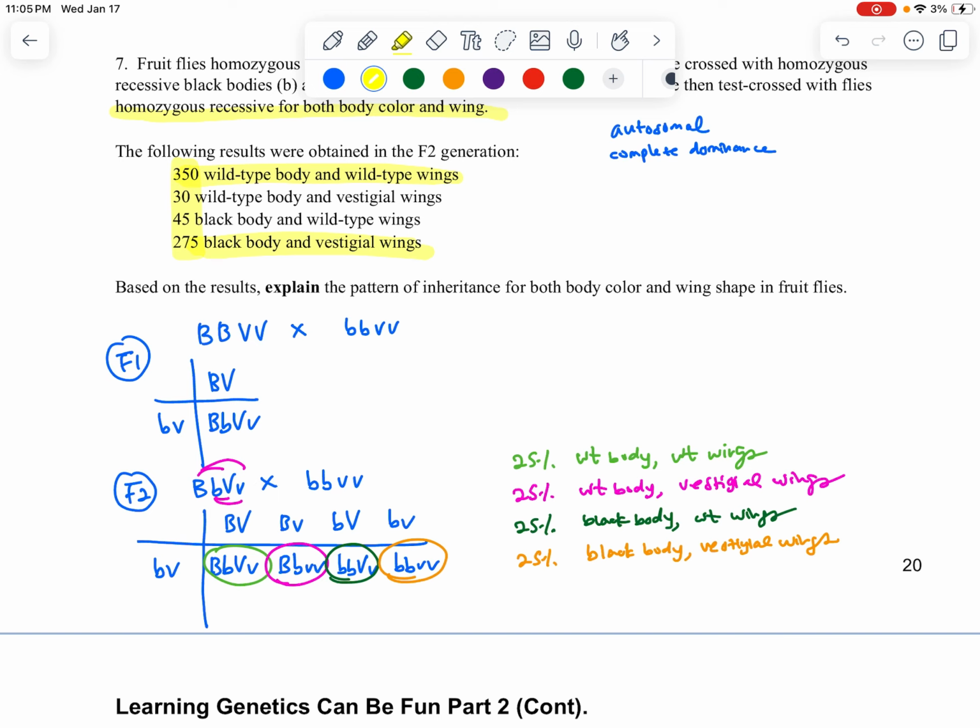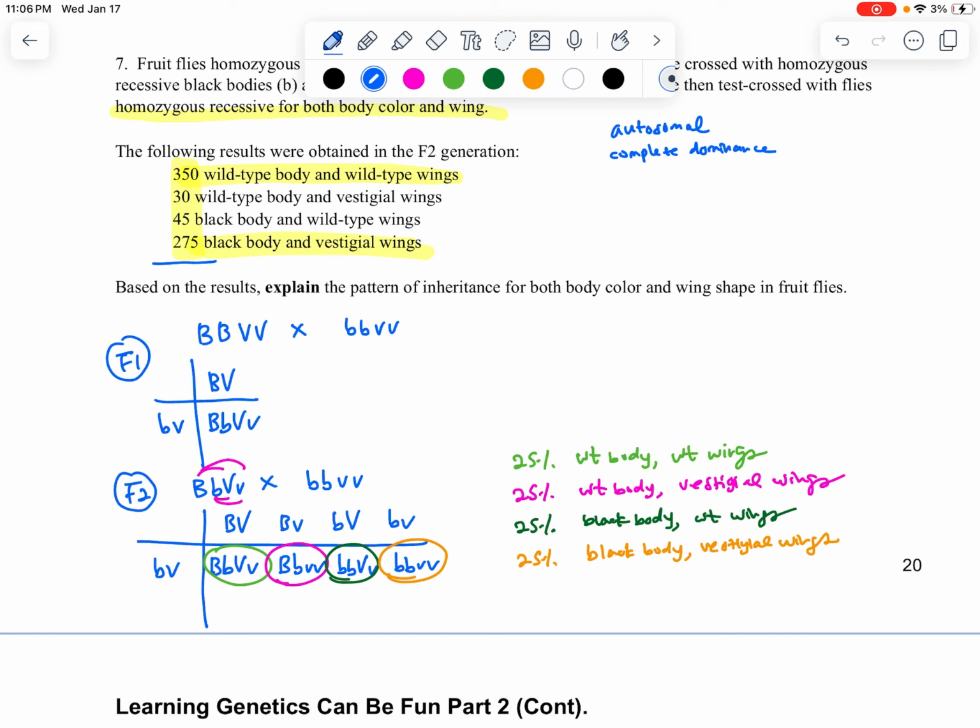We can do a chi-square analysis by adding up the total number of fruit flies and doing the chi-square formula. However, even without doing all that, it is pretty clear that our chi-square value will be humongous, right? There is a large difference between what we expect and what we actually see.